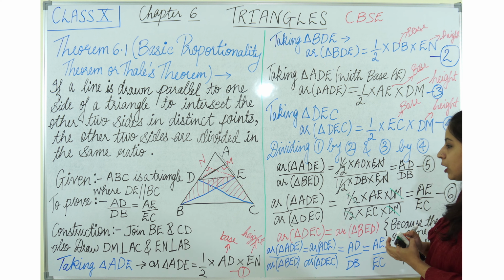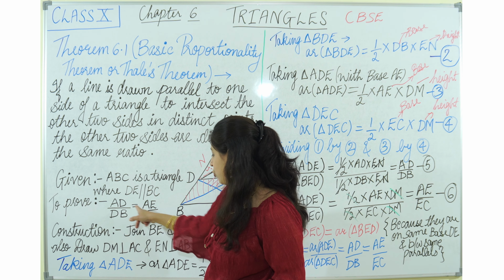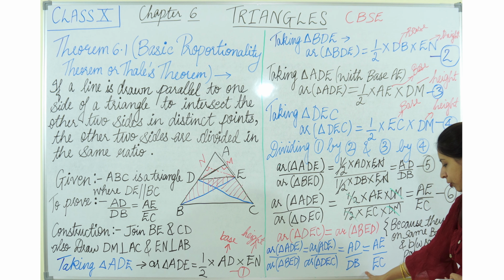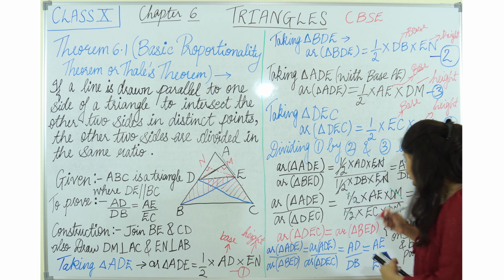Okay. So ultimately we were to prove AD upon DB is equal to AE upon EC, and here we have proved that AD upon DB is equal to AE upon EC.